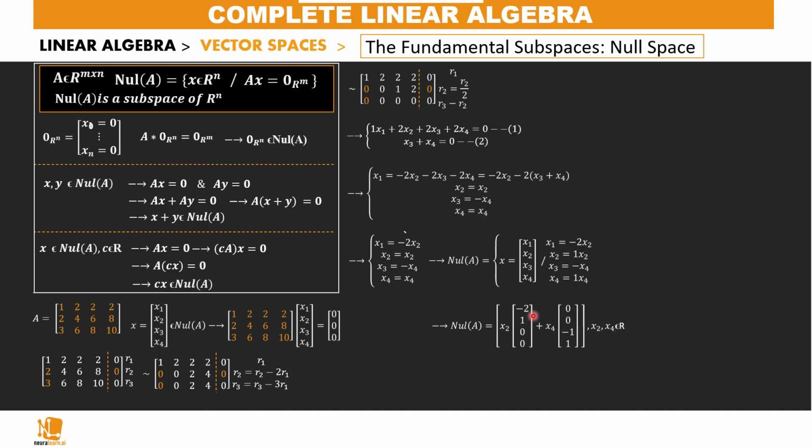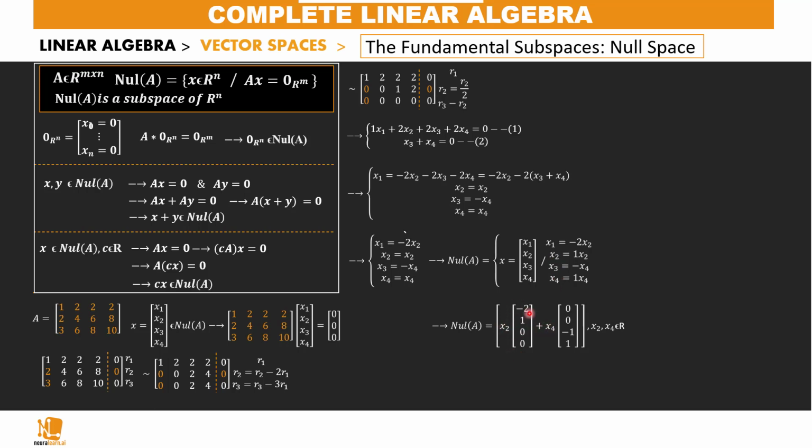To obtain the vectors v1 and v2, what we do is we take out the constants which we need to be able to get the other variables. In this case, x2 and x4 are needed to generate x1 and x3, and also even x2 and x4. So we have x2 and then x4.